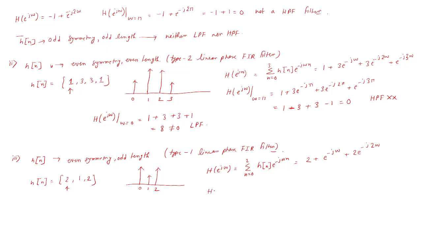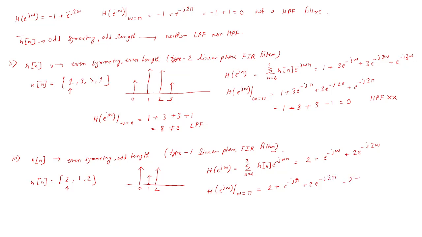Let us try to find its response at frequency omega equal to pi. 2 plus e to the power minus j pi plus 2 e to the power minus j 2 pi.